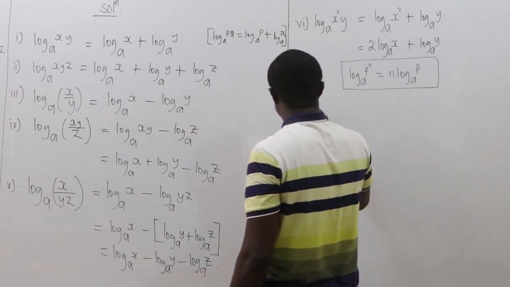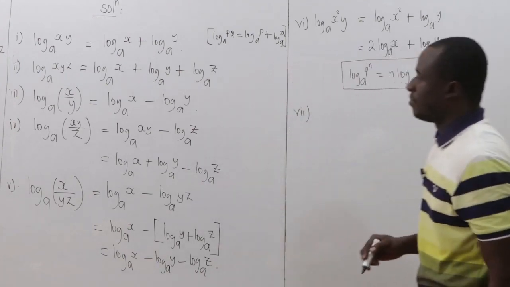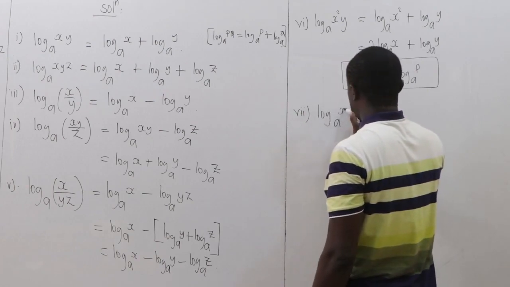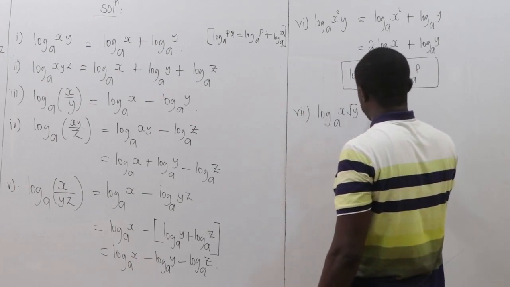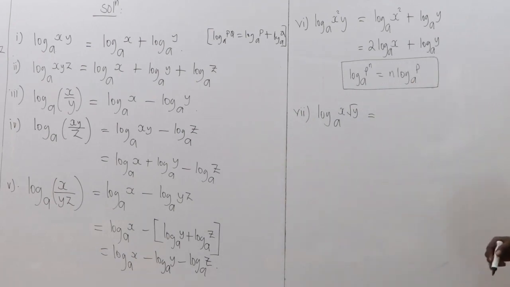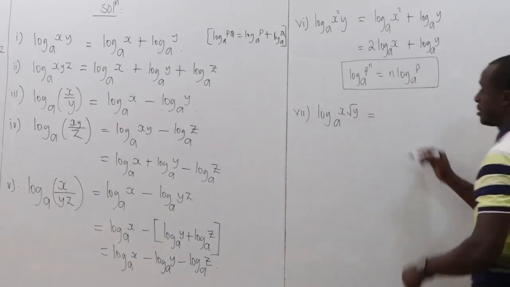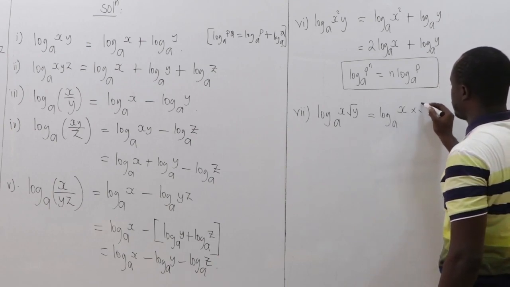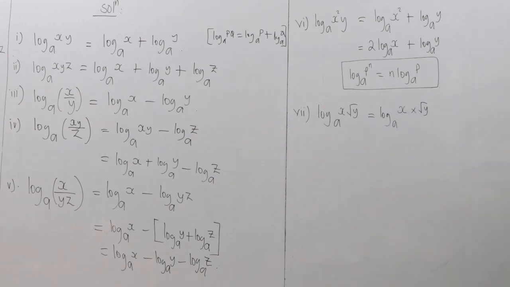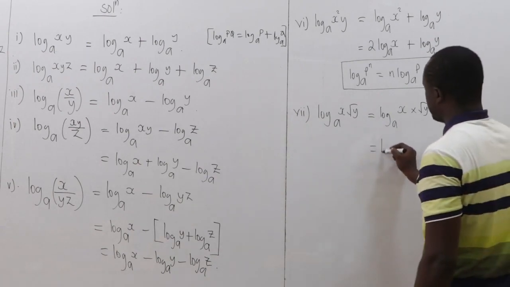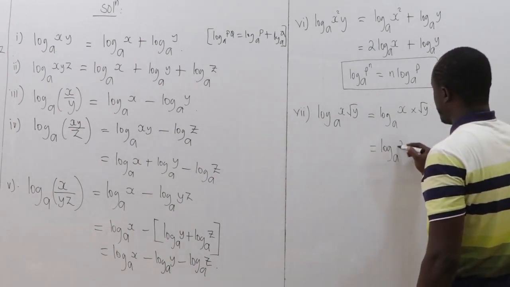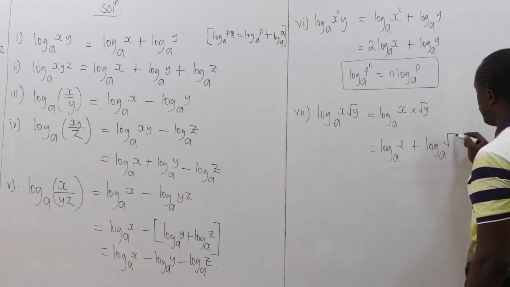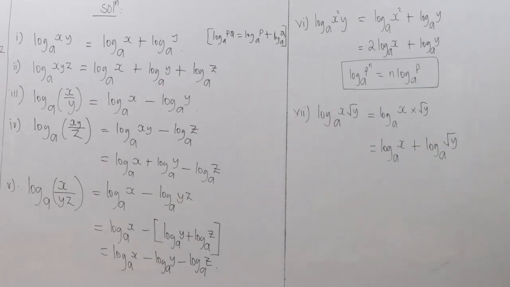Now let's see the seventh question. Now we have log a of x root y. Now this is multiplying, so this is the same as log a of x times root y, and this is the same as log a of x plus log a of root y.